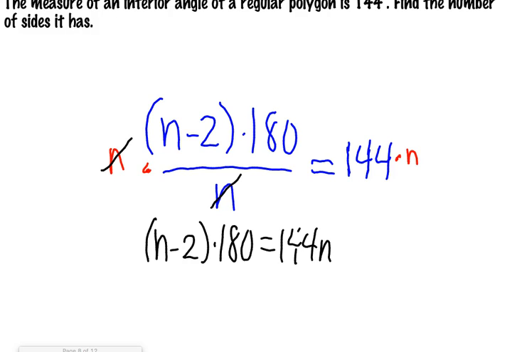You could divide by 180, but I don't want to do that because I'm going to get a decimal. You could go right ahead. But if 180 is back here in the front, it means the same thing. I can just distribute my 180 inside. So I'm going to take 180 times both of those.